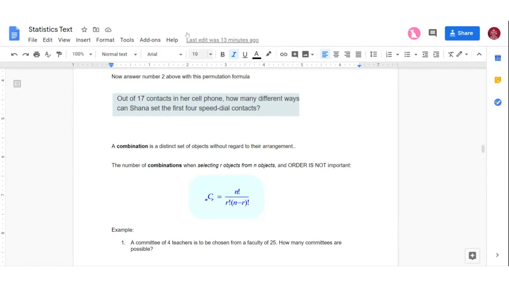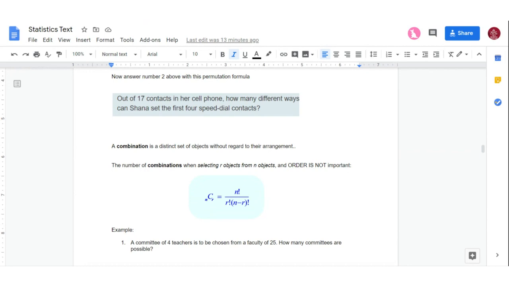Now, I got this one. It says, out of 17 contacts in her cell phone, how many different ways can Shanna set the first 4 speed dial contacts? Okay, when it says how many different ways, it means that she's concerned about the order there. All right. So our two main numbers are 17 and 4.